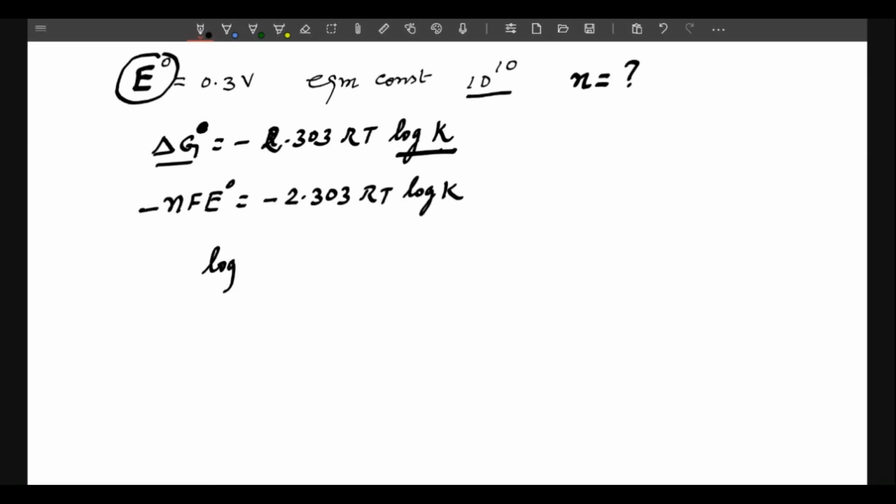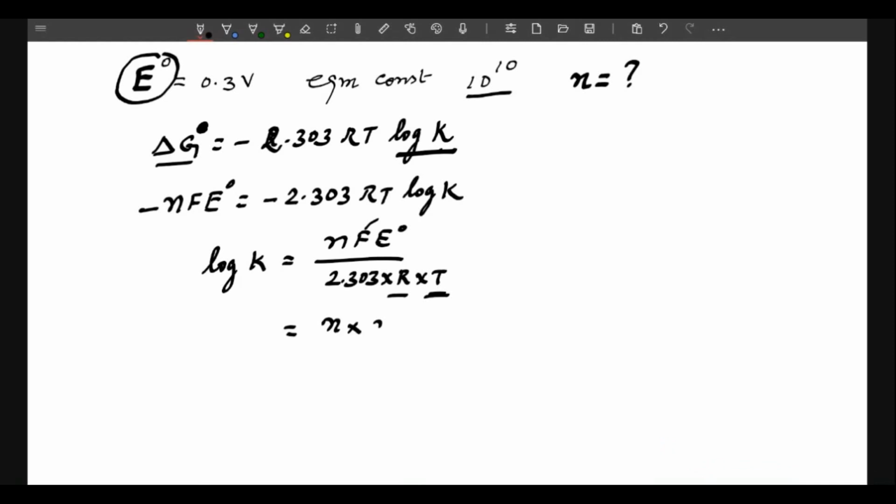Therefore, log K is equal to nF E naught divided by 2.303 RT. Here in the standard condition, T is a constant, R is a constant. Yesterday I told you F is a constant.